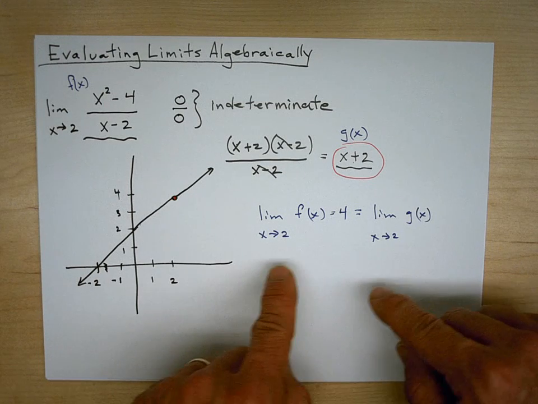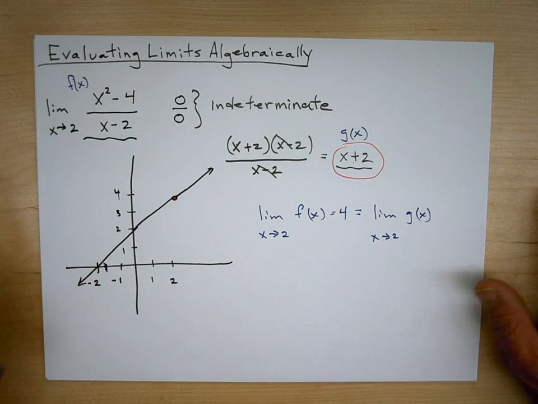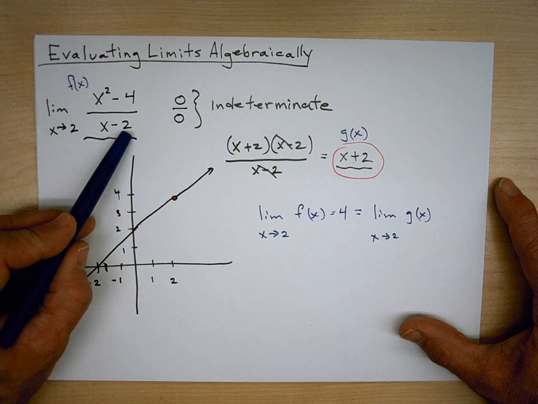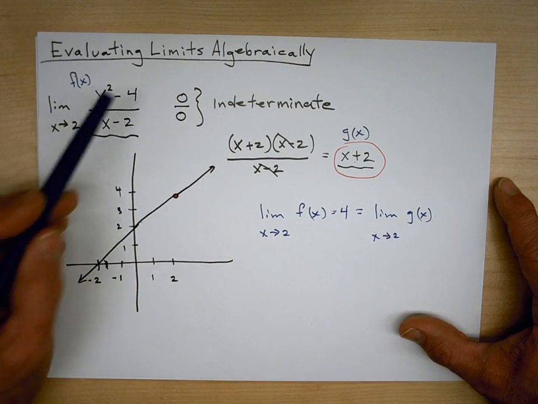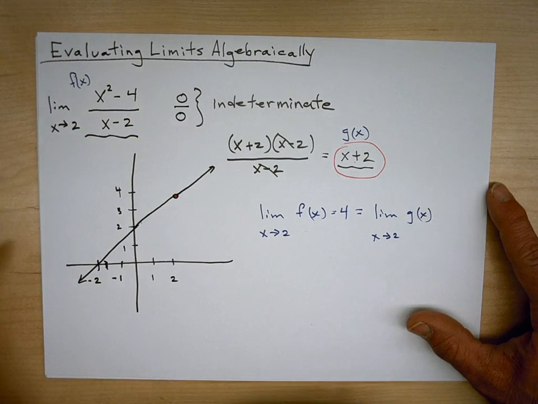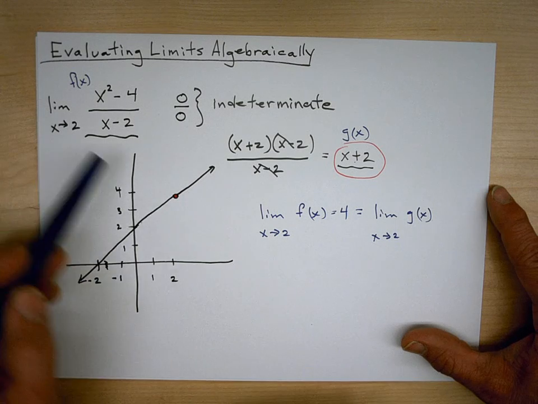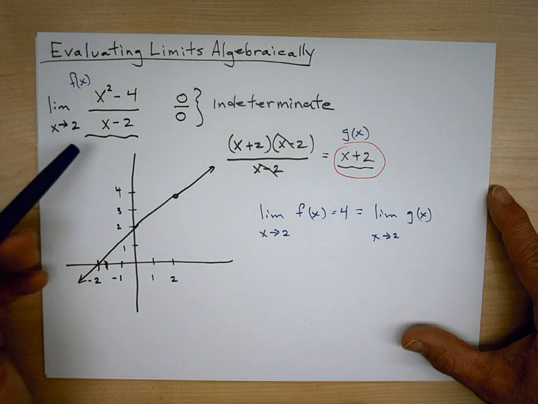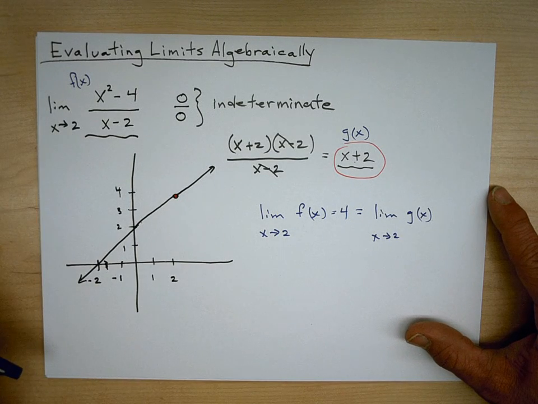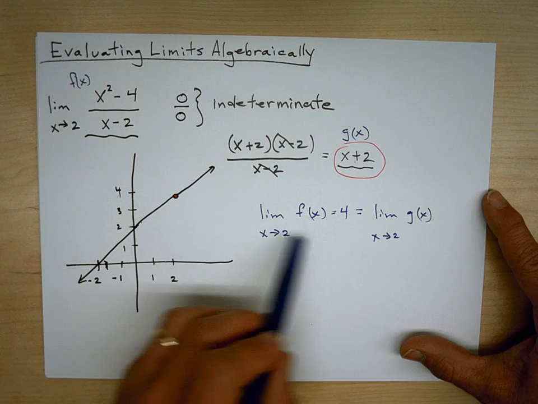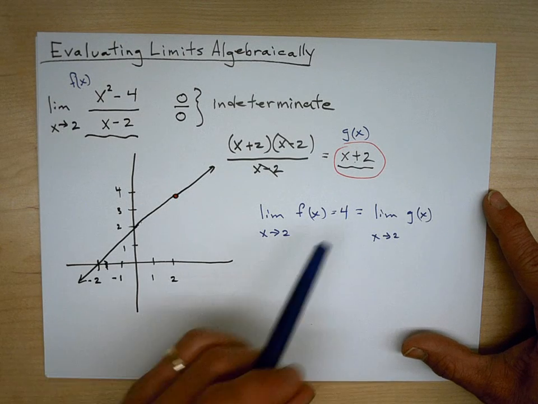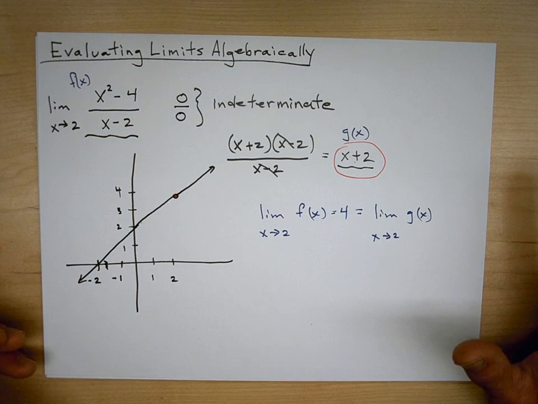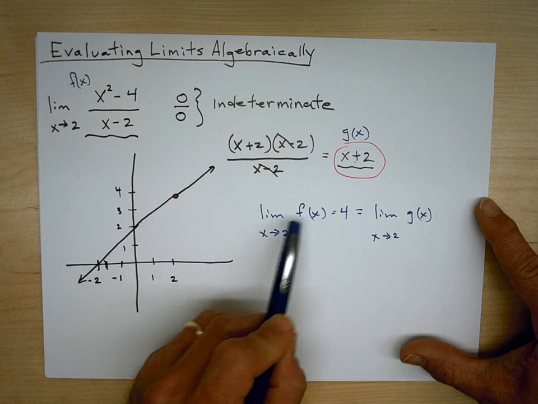We can keep on getting closer and closer, but we could go on forever trying to pick values closer and closer to 2 to see what's happening here. So in a sense, we're basically having to look at the graphical or the numerical evidence and then make a guess as to what the limit is. All right, this method gives us basically a proof that indeed this limit is 4.